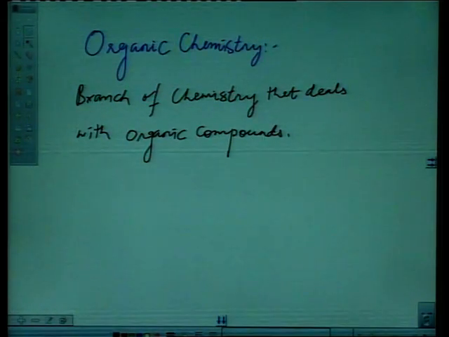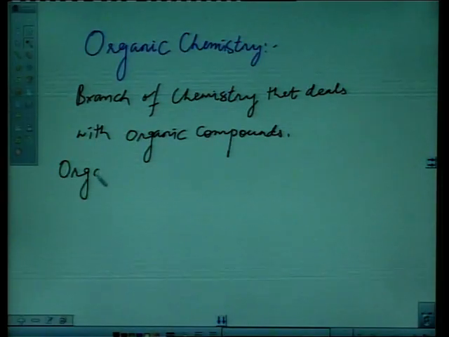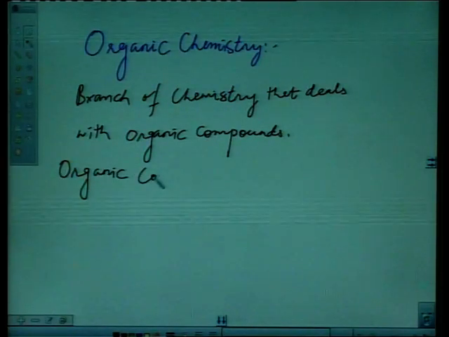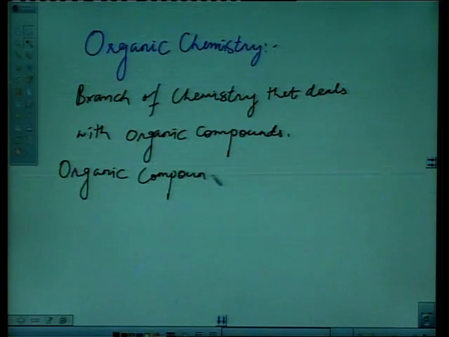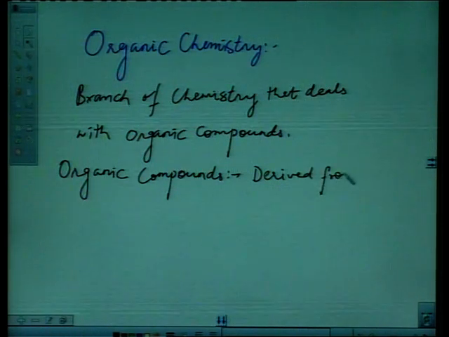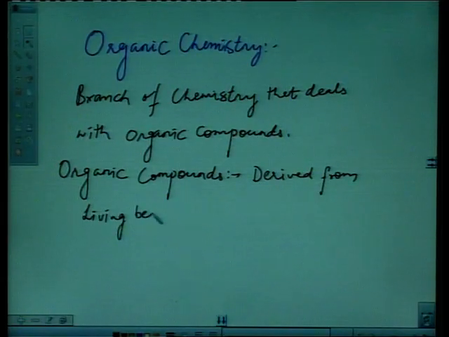And what are organic compounds? Organic compounds are compounds that are derived from living beings, for example, plants, animals, insects, etc. The main component of organic compounds is carbon.